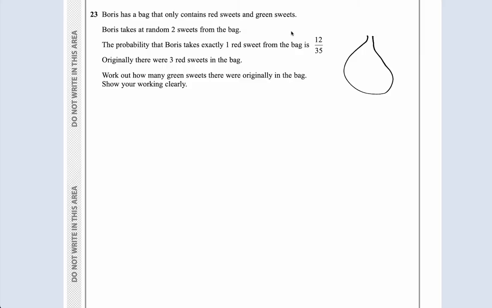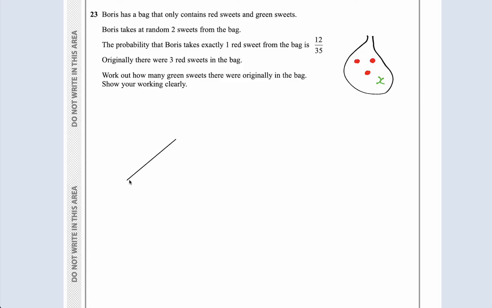There is a bag. Now he said there was 3 red, 1, 2, 3 red, and let's just say there were x green. So there's 3 red and x green. Now we're going to draw a tree diagram.